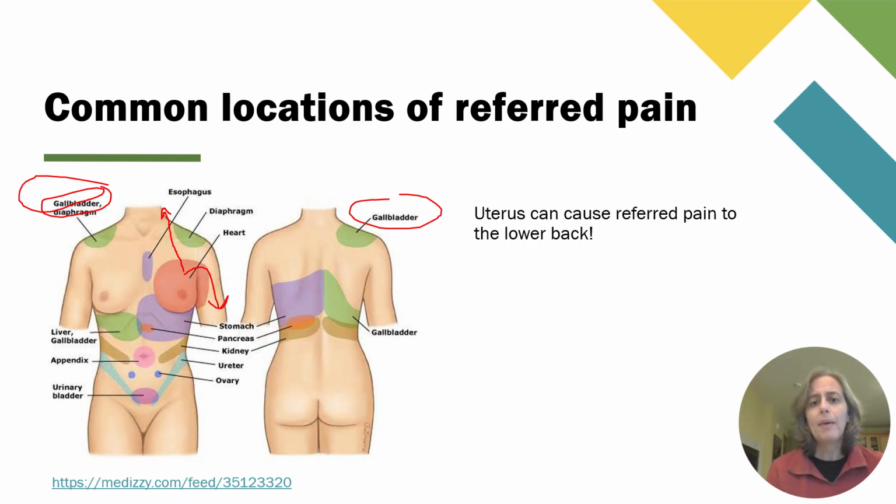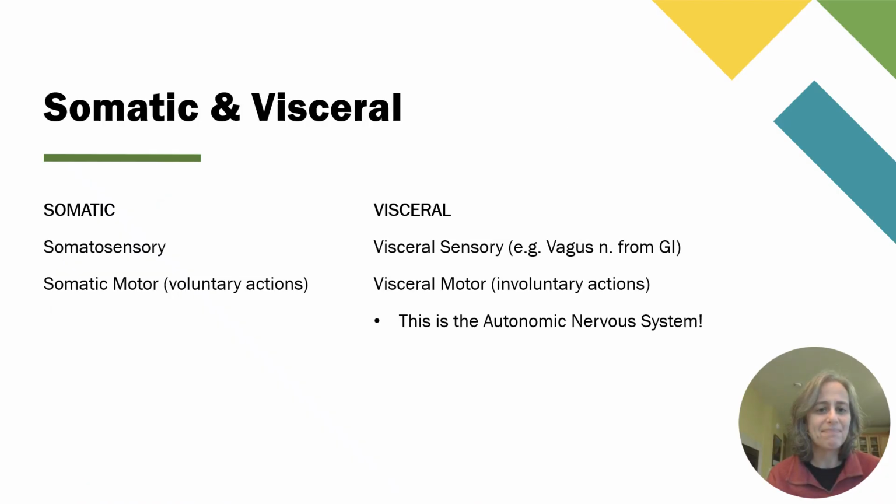So if you've ever heard about someone who in childbirth says that they had back labor, that's referred pain. Also, similarly, sometimes people who have significant menstrual cramps will feel low back pain, and that will sometimes be worse than any pain that they're having down in the pelvic area would be that severe referred pain. So just a reminder there.